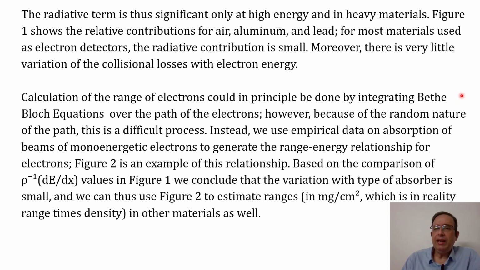So the density of the new material, when you multiply it by the range for, let us say, air, and divide it by the density of the air, from there you can estimate the range for any particular material.